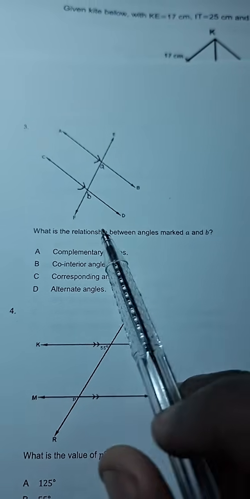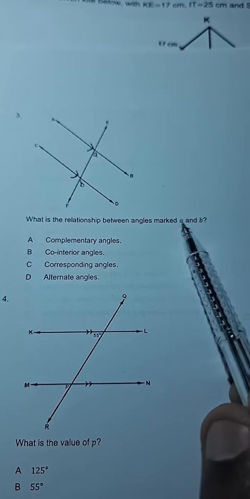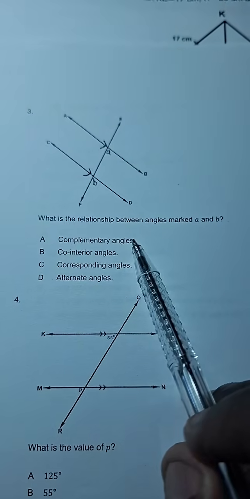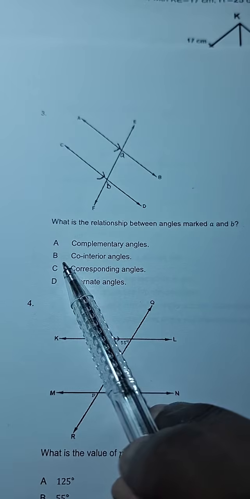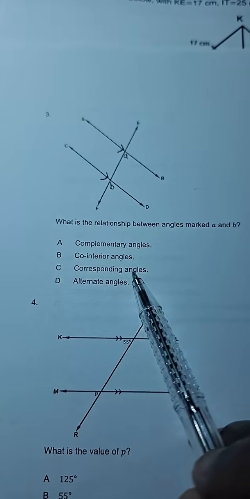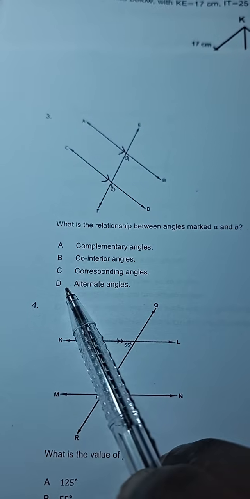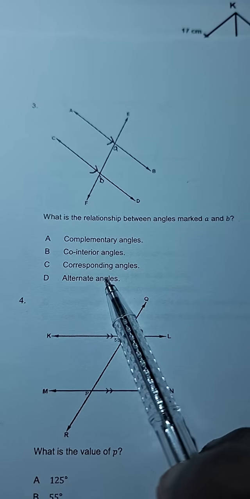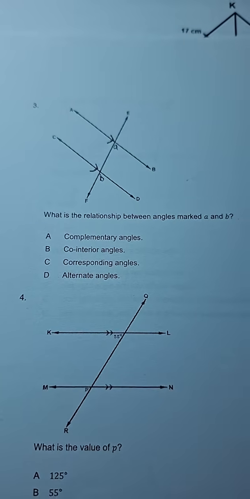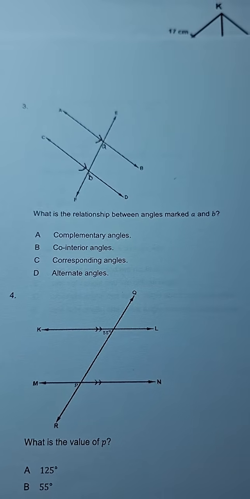Okay, so they're asking, what is the relationship between angles A and B? Are they A, complementary angles, B, co-interior angles, C, corresponding angles, D, alternate angles? So A, B, C, or D, which one? Okay, which angles are they?